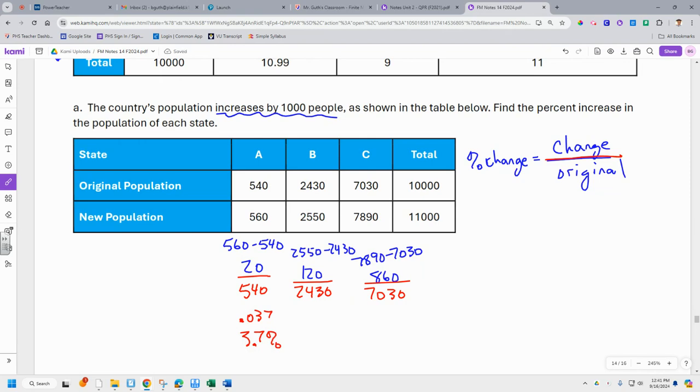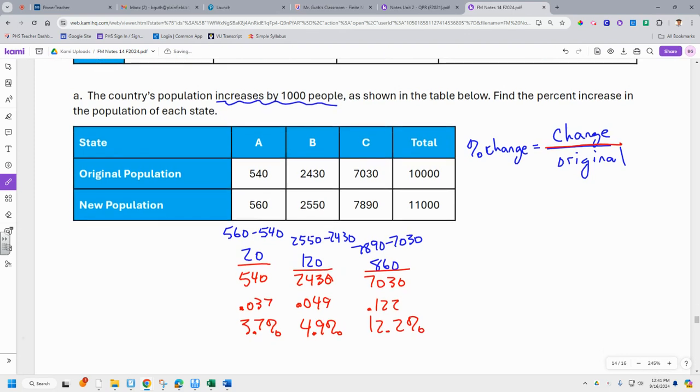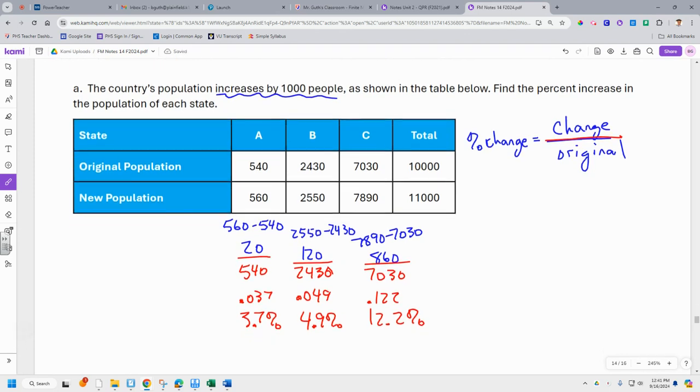The next division, 120 divided by 2430, is 0.049 or 4.9%. And then the last one, 860 divided by 7030, is 0.122 or 12.2%. Those are the percent changes, percent increase.